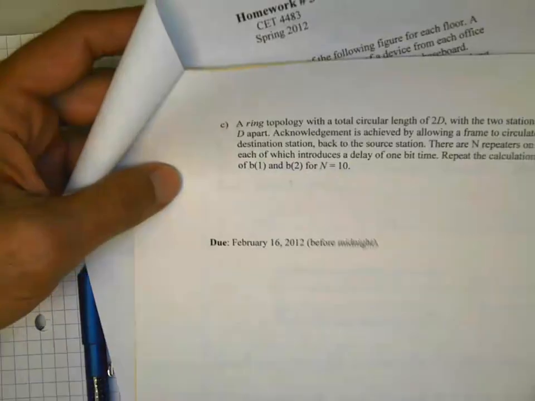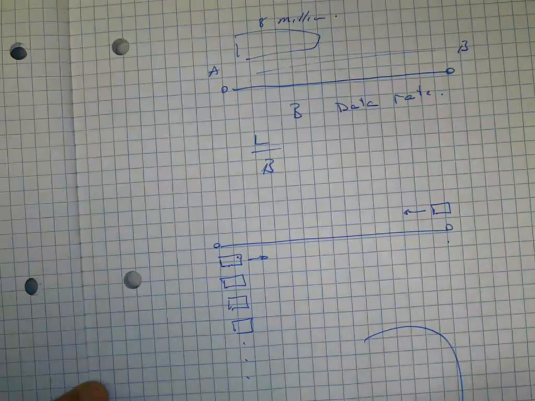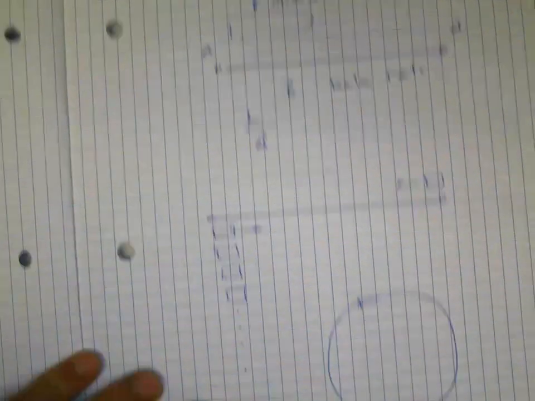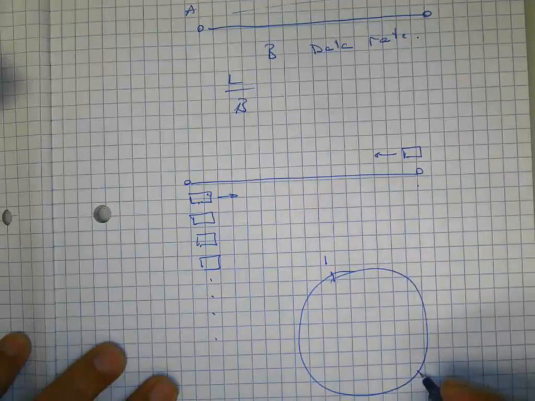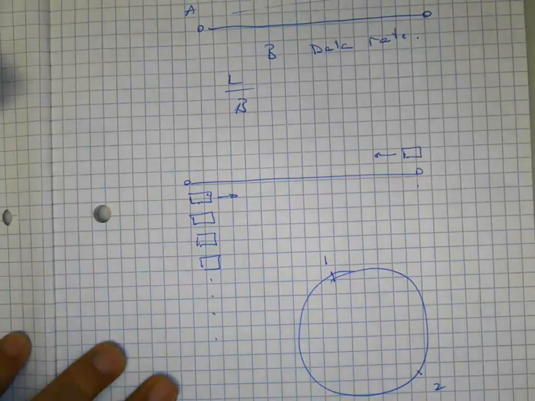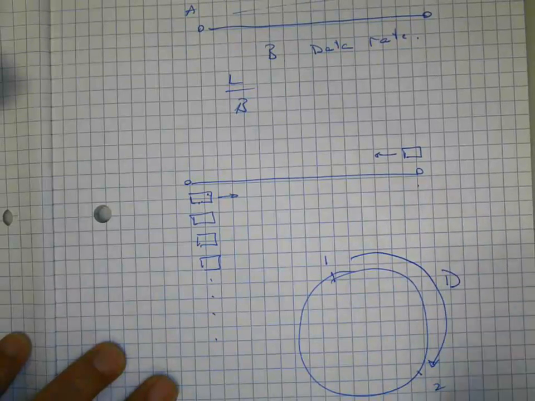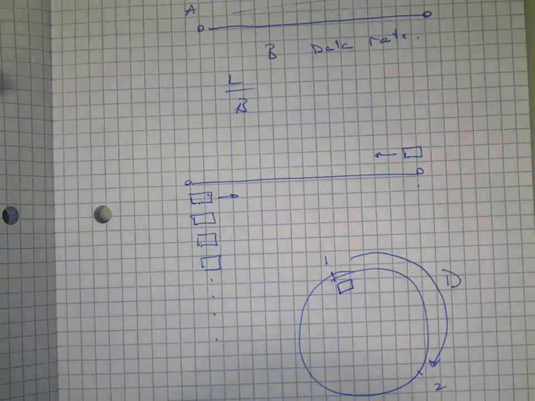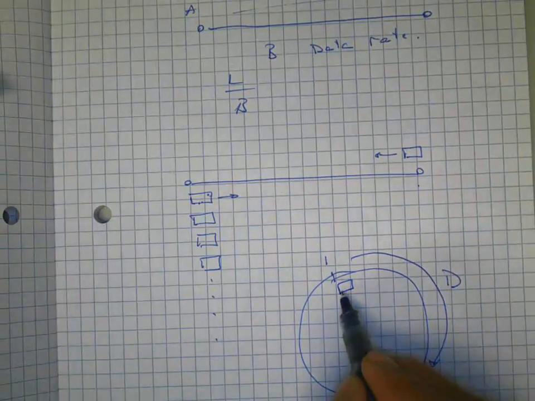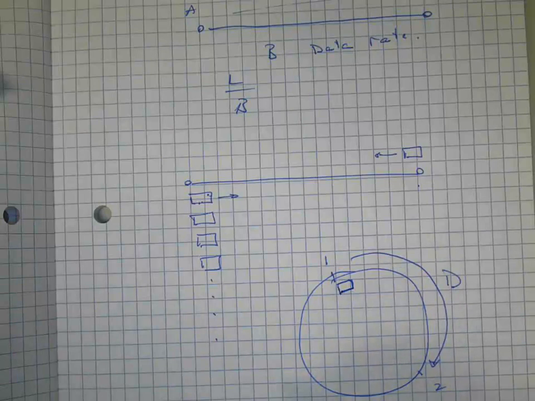Part C is talking about the ring. The ring, the way it works, if we have one station here, and then we have another station here, and we say the distance is d, you need to transmit the packet, then propagate to this station.